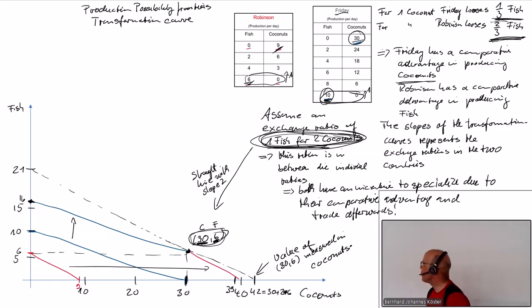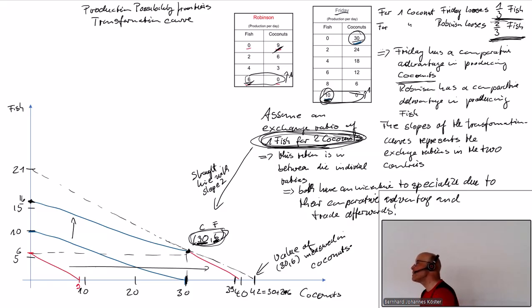So why did I draw this line? What we now see is, so to speak, the overall profit of the world working together, trading with each other, compared to the situation of autarky.